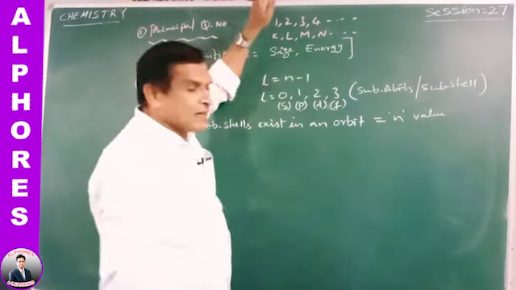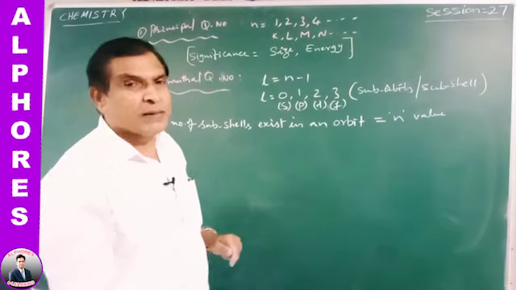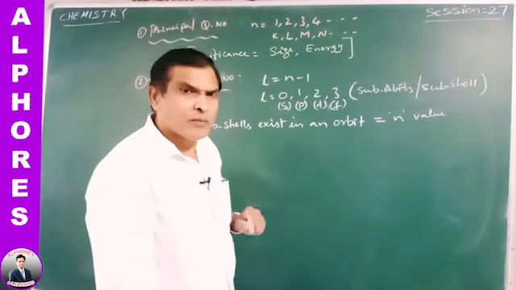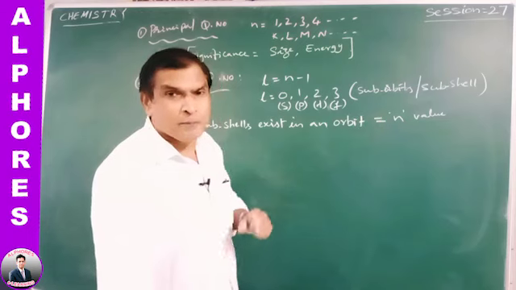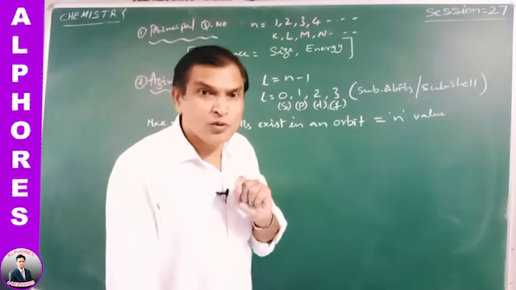For example, in the first orbit, how many subshells exist? Only one, because n equals 1, that is l equals 0.